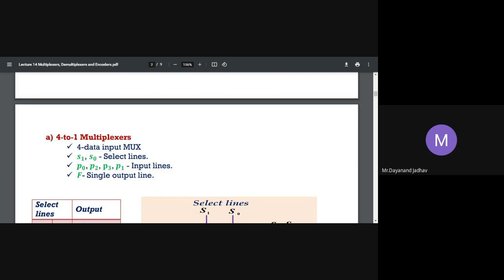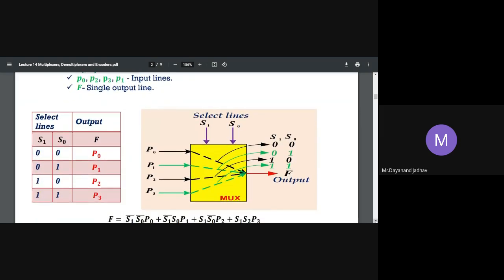To consider all the parameters, we draw a truth table. With two select lines S0 and S1, there are four possible combinations: 00, 01, 10, 11. Columns: S0 0, 1, 0, 1; S1 0, 0, 1, 1; and output F is P0, P1, P2, P3. These are the selected outputs.